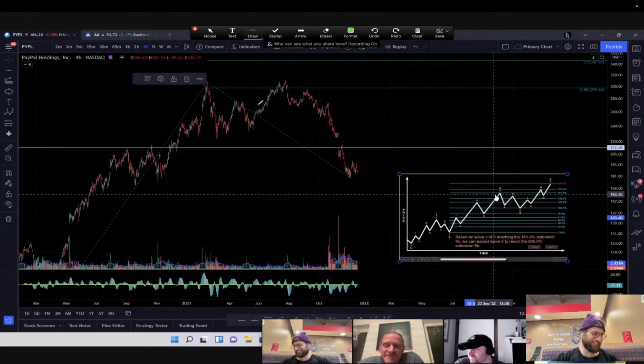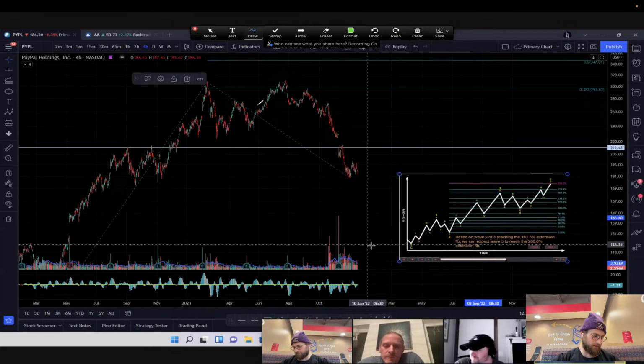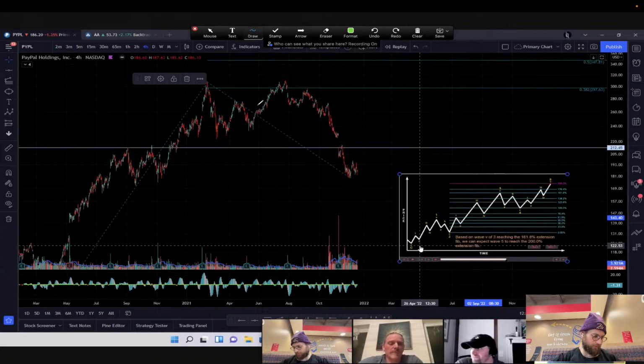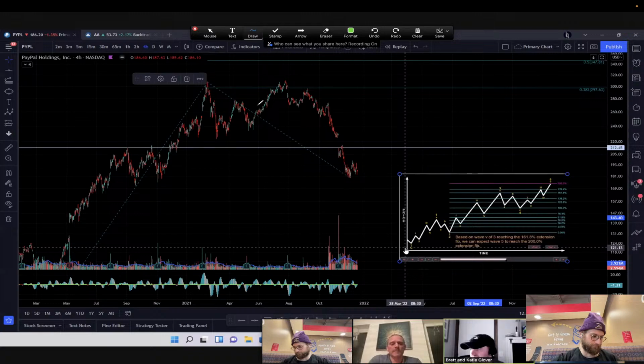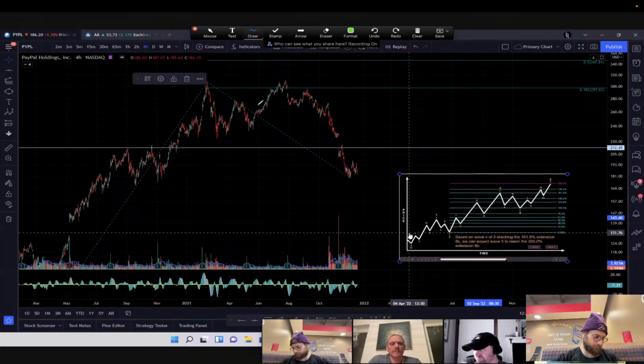So when you want to start your 1-2 setup, you're looking for a 5 wave, then a 3-wave correction, always. And then off of that 3-wave correction, you can put your 1-2 setup against it. Is that right?